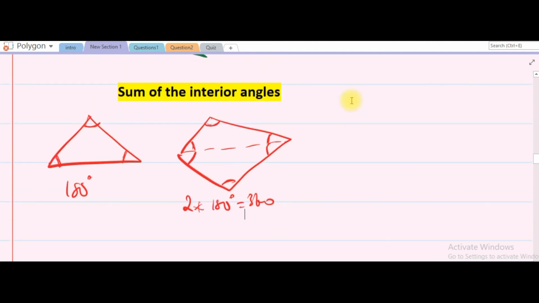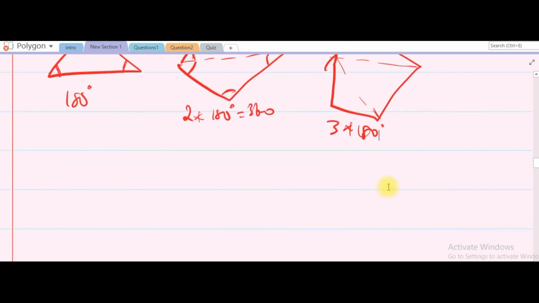If it's a pentagon, we have 3 triangles, so we have 3 times 180.